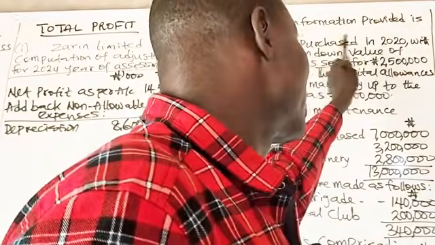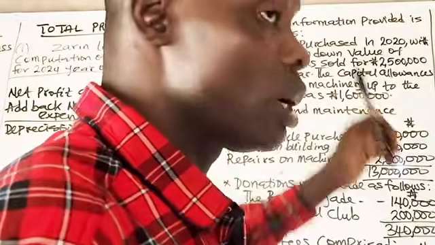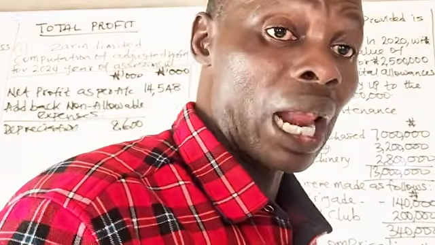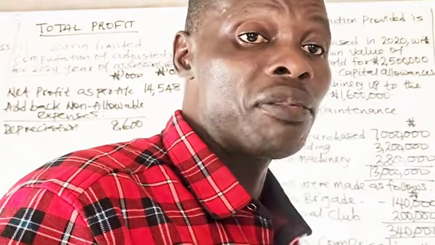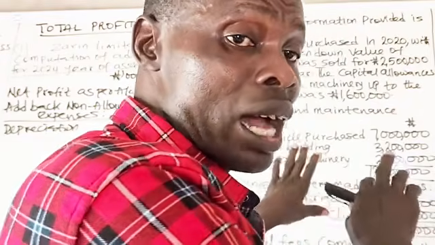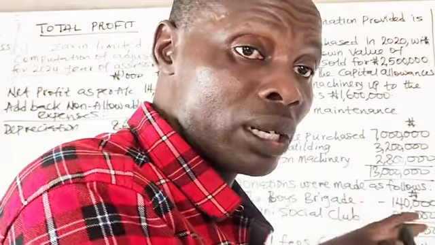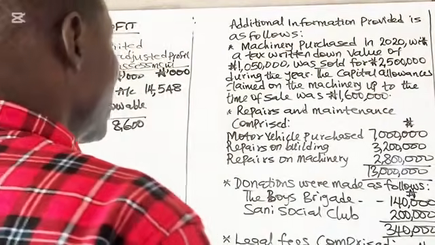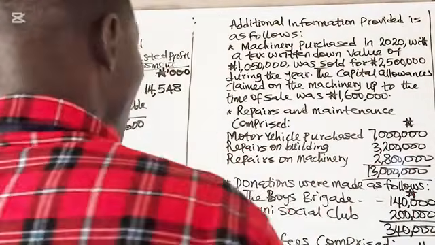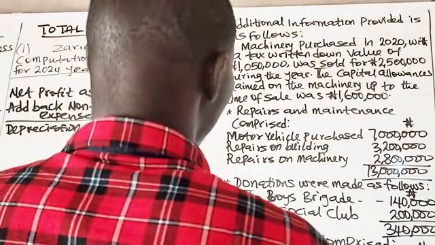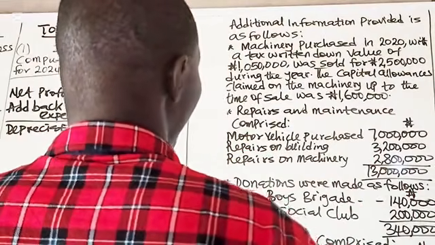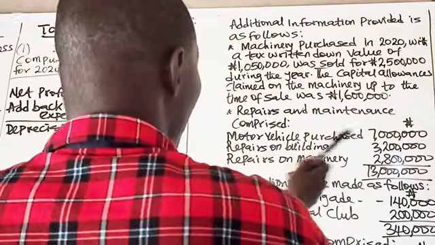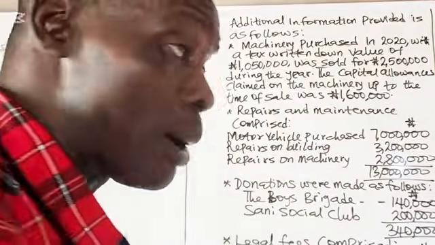If the sales proceed is greater than the cost at the time of acquisition, that means the difference will be a balancing difference. And balancing difference does not have tax implication. It should be ignored. We don't use balancing difference in accounts. That is the reason why they've given you the capital allowance, so as to know if the difference will be a balancing charge or balancing difference. Now, we have balancing allowance too.